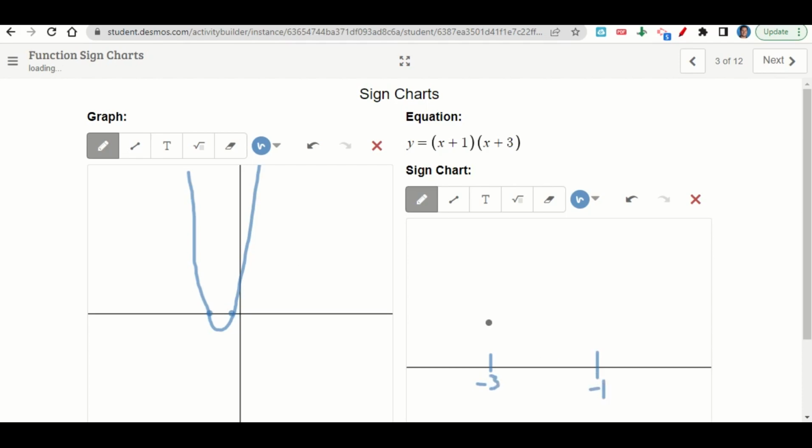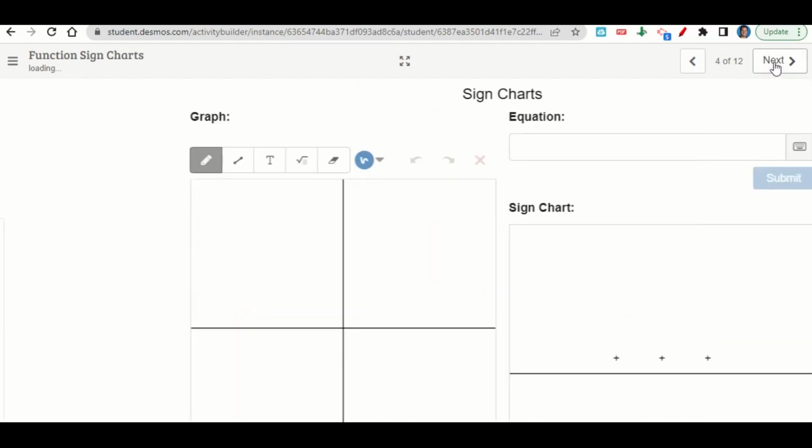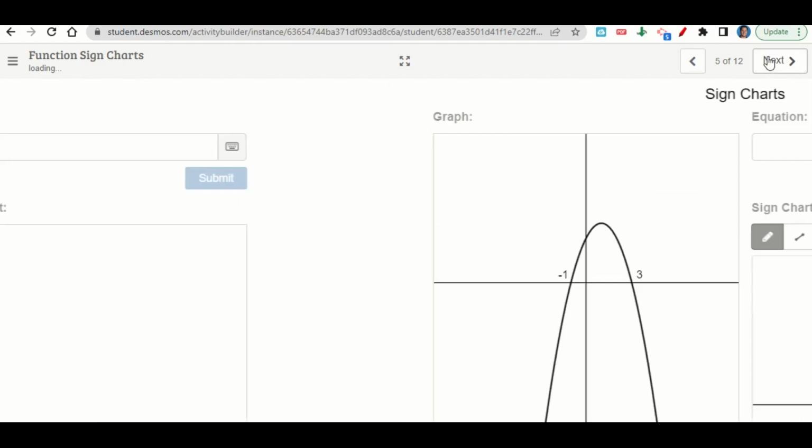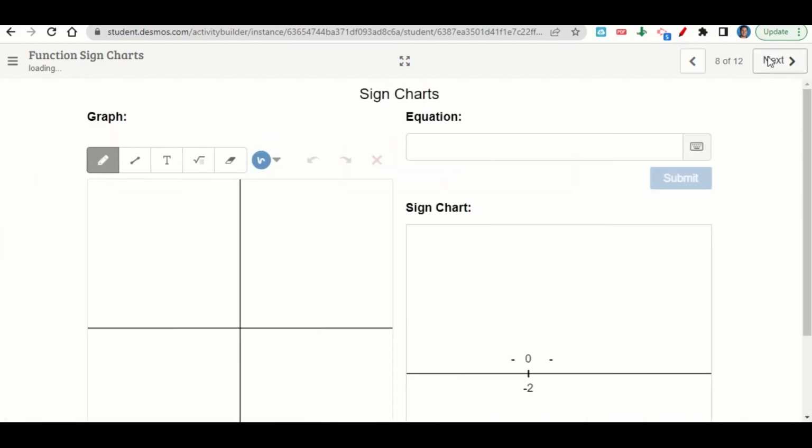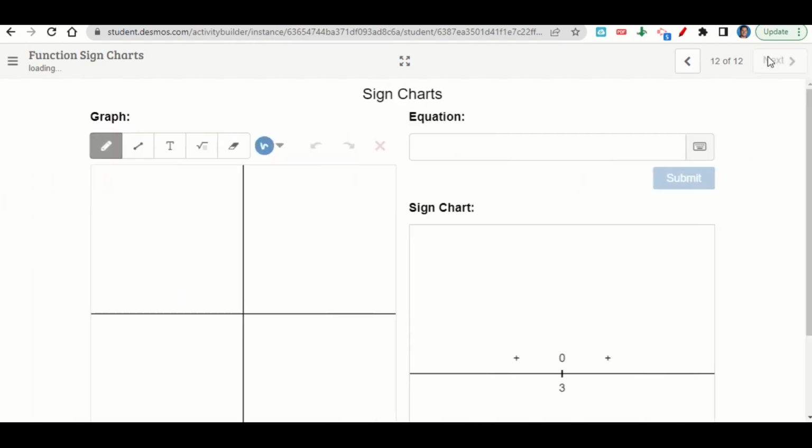We are positive on the left side. We are negative between and positive on the right side. And then at those points, we are at 0. And we'll go ahead and click next. And we'll keep doing these until we get to the end.